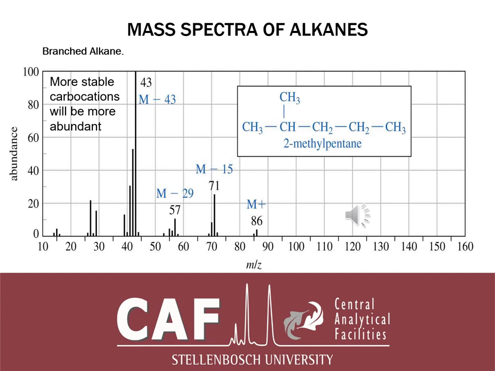That's what we call a base peak, and the base peak comes from the most stable carbocation, because of the stabilization of the positive ion in that molecule. And then from there on, it will be fragmented until it's completely fragmented.